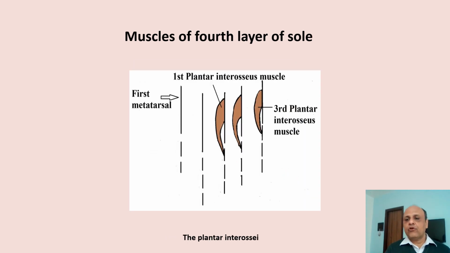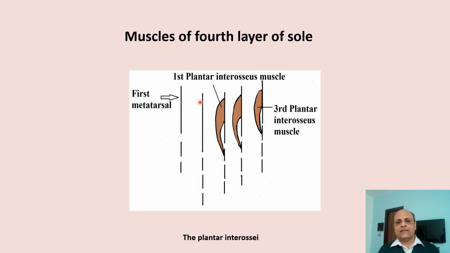The muscles of the fourth layer of the soles are the interossei. So we have got the dorsal interossei and the plantar interossei. If you remember the word PAD, P-A-D, plantar interossei cause adduction. So dorsal interossei will cause abduction. Now in relation to the foot, there is an axis which passes through the second digit.